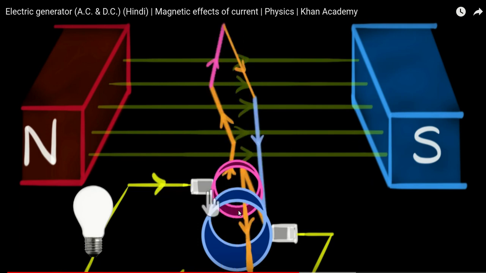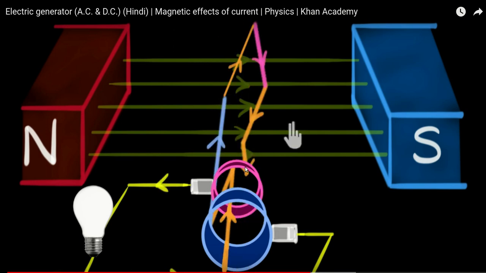So in this case the current was flowing from the blue ring to the pink ring. After the rotation it flows from the pink ring to the blue ring, because the direction of the current changes in the rectangular coil, which we already discussed was because of the force applied.